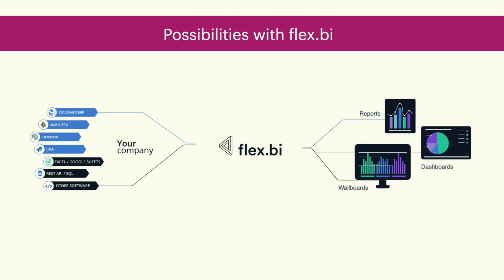And if you have anything in your Google Sheets like budgets, goals, or maybe some other software like Jira or anything else that allows access to its data through a REST API or SQL, then we can import that data and combine it in the belly of Flex.bi.